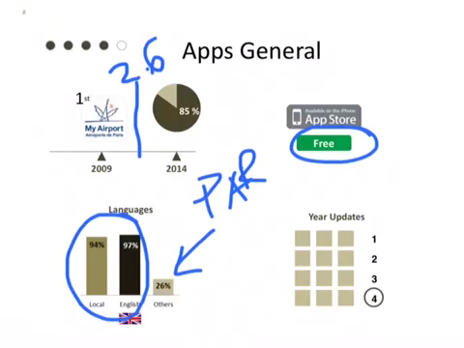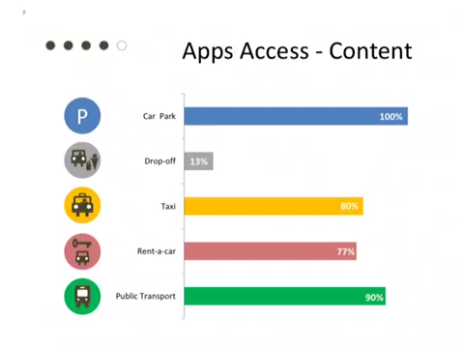When it comes to how often they update the applications, which could give us an indication about the quality to a certain extent, they update on average up to 4 times. Now, if we look into those applications and the information related to airport surface access, we saw the following. 100% of the airports were providing parking information, so we can see some focus there.